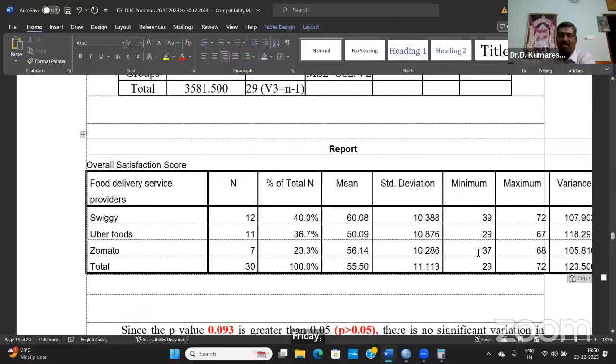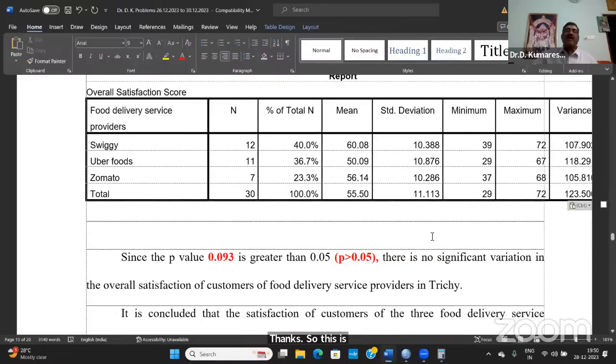For the Zomato customers, it is 37. So here it is lowest. The maximum score also, 72, 68, 67, lowest. But you look at the standard deviation, it is very high. That is why the mean score is very low. That's all. So this is about one-way ANOVA.